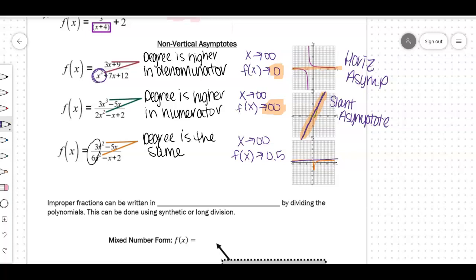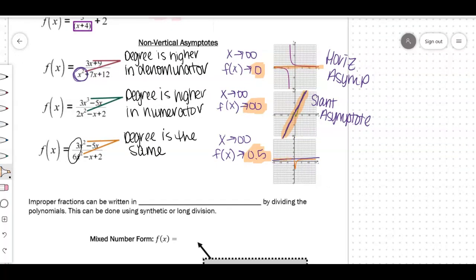And so as you get super far out there, your outputs will be roughly 0.5. And so this would be another horizontal asymptote, and this horizontal asymptote would be at y equals 0.5.